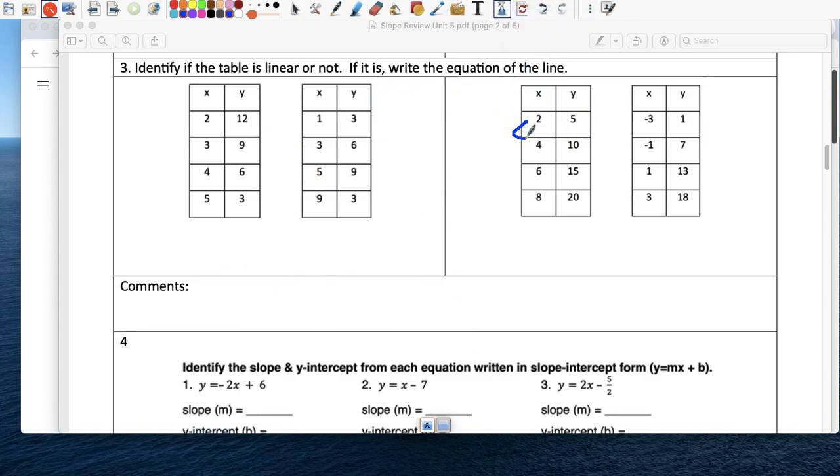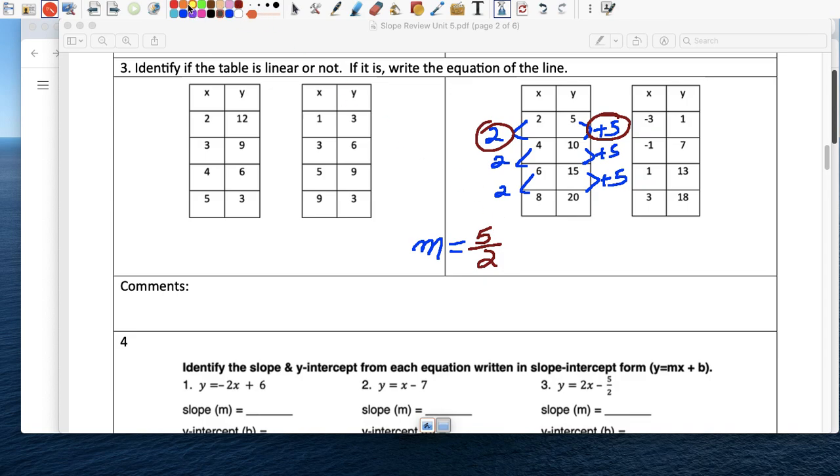Next table, 2 to 4 is plus 2, 4 to 6 is plus 2, 6 to 8 is plus 2, 5 to 10 is plus 5, plus 5, plus 5. Let's check if this is linear. Let's find the slope. Take the first pair, 5 over 2.